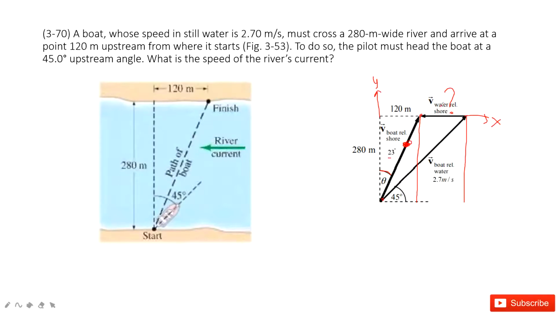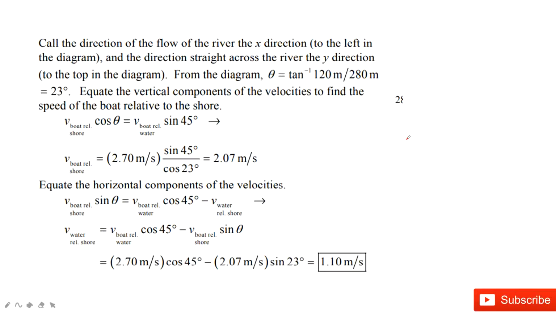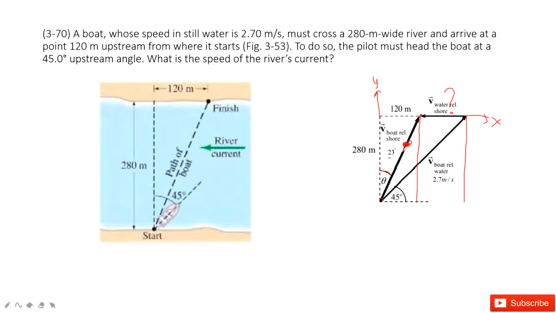Now can we find the velocity of the water relative to the shore? Sure. After we find this one, it is 2.07 in magnitude. Next, we need to find this one. How can we do that?